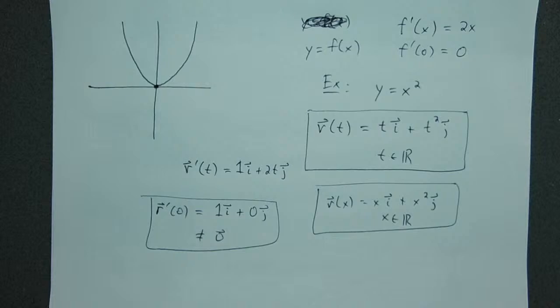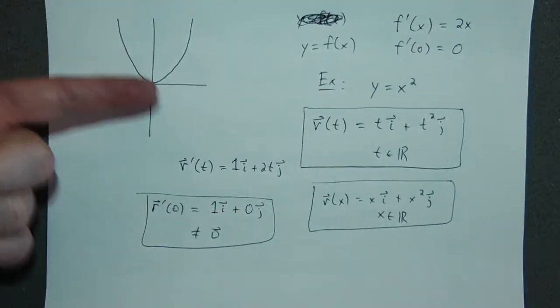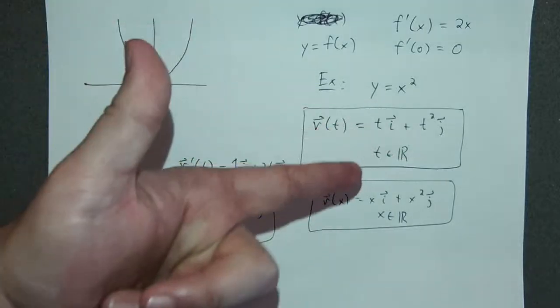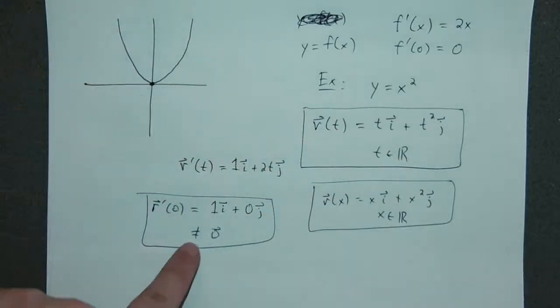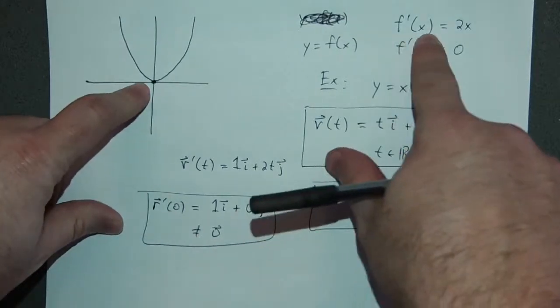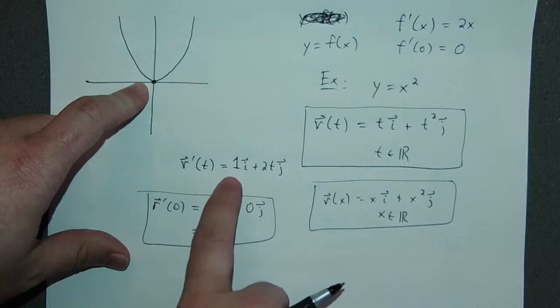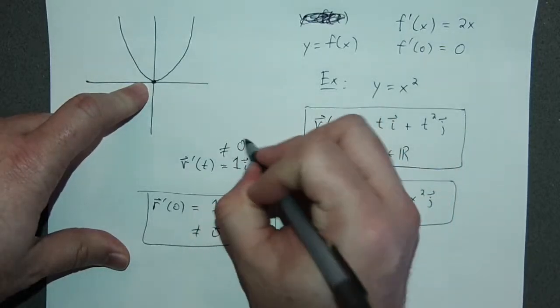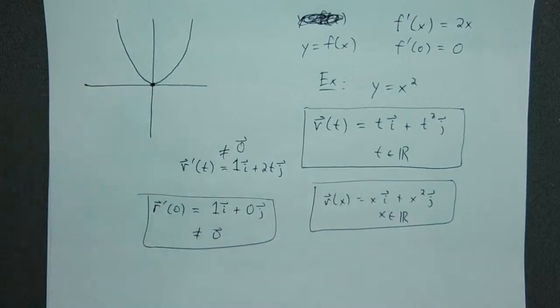So we had a function here where we know the derivative of that function is 0 at this point, but when we view that function as a parametric curve, r prime was not the 0 vector when the derivative of that function was 0. In fact, it's never going to be the 0 vector, because the first component is always a 1. And so this is an example of a smooth parameterization for this curve C.